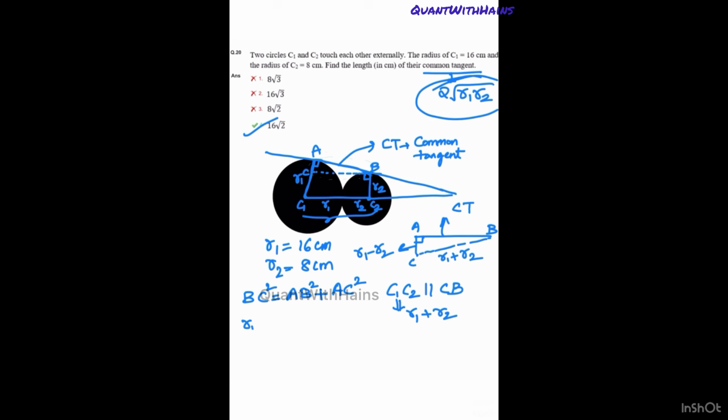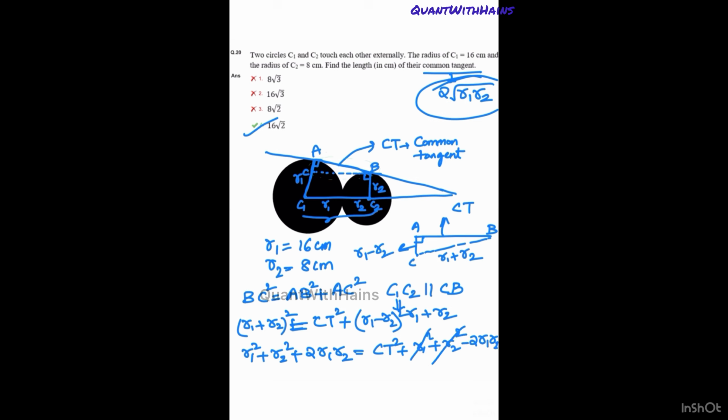BC is R1 plus R2 whole square, equals CT square, the common tangent, plus AC, which is R1 minus R2 whole square. Here R1 square plus R2 square plus 2R1R2 equals CT square plus R1 square plus R2 square minus 2R1R2.